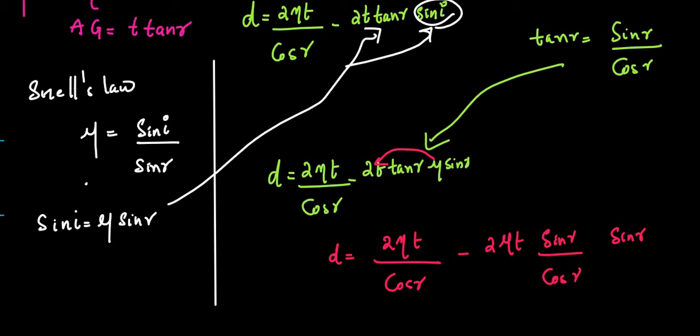In both these equations, here we have 2, here we have 2, and we have mu t. So there are some common terms, right? I'm going to take all those common terms outside.